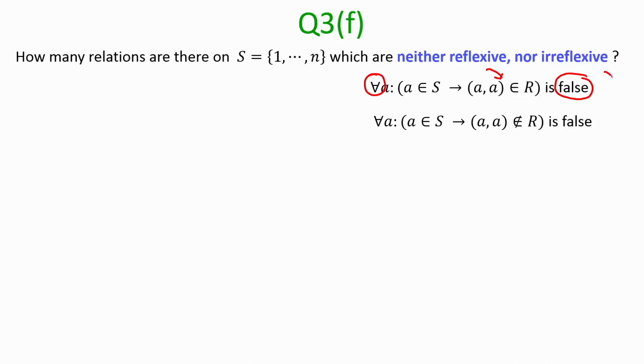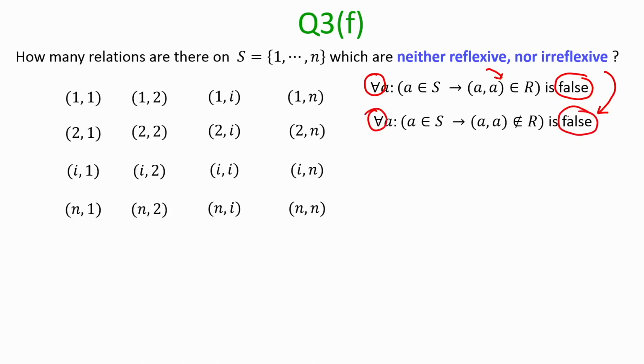And not irreflexive means this second universal quantification is false. That means, you have at least one element a in the set S such that (a, a) is present in your relation, then only this second universal quantification can be false.